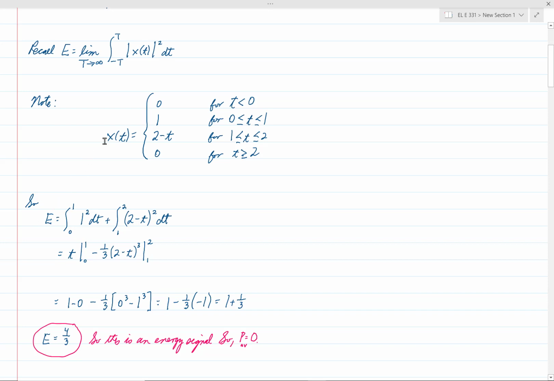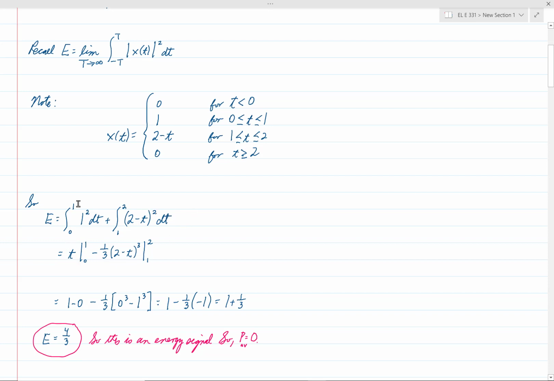And since the function has a different expression over the different parts of that domain, we break the integral up. From 0 to 1, x is just equal to 1, and so we square that, and we get 1 squared dt. And on the other hand, between t equals 1 and t equals 2, x of t is equal to 2 minus t, so again, we will square that and integrate.